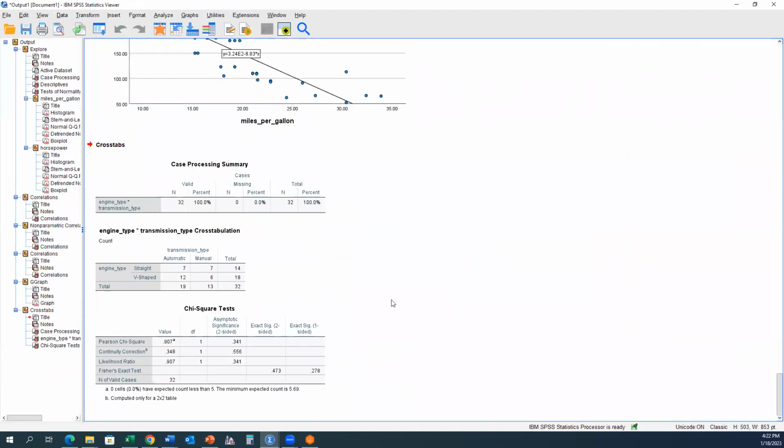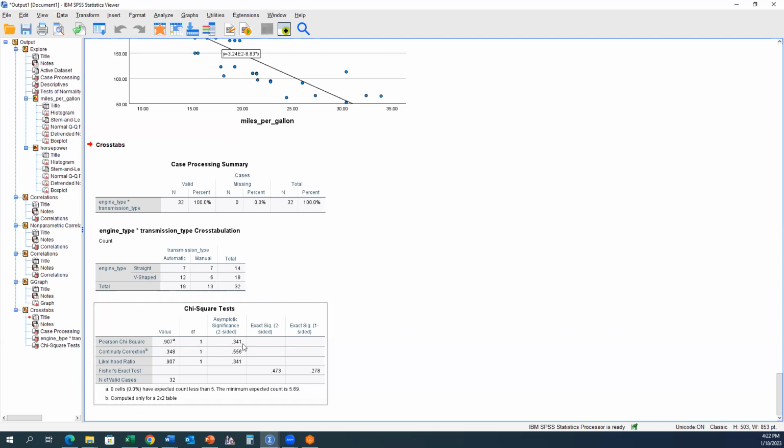That's pretty much it. Okay, so this is going to generate a chi-square, which is cross tabulation between two categorical factors. So we can see that 7 cars that were automatic also had a straight engine. We had 6 cars that were manual that had a V-shaped engine.